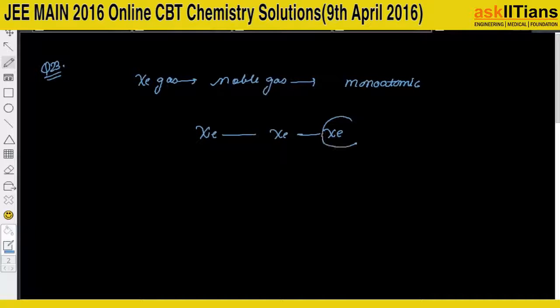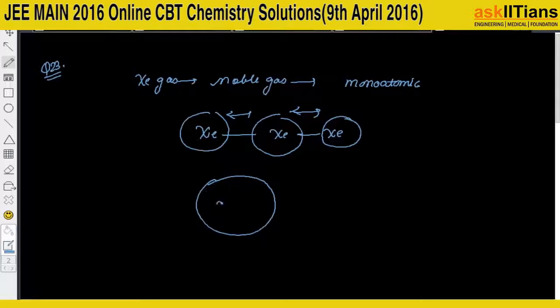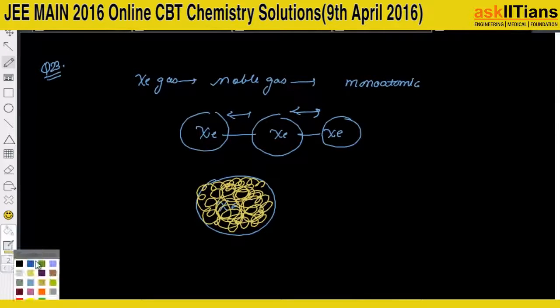Now, if I am talking about the liquefaction of xenon gas, it means that all the molecules have to be brought closer to each other. Now you know that a xenon atom is not at all polar. It has got no percentage ionic character. But we know that there is an electron cloud around the xenon nucleus, and the electrons are constantly moving.